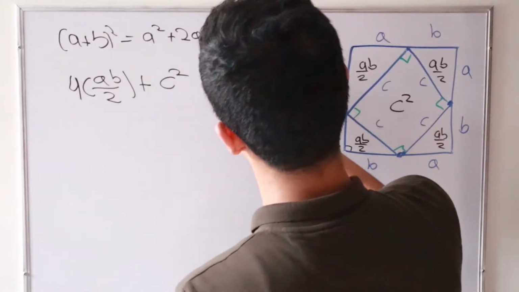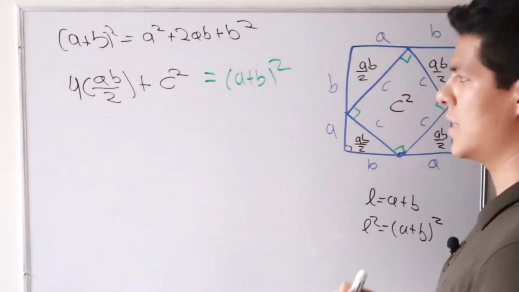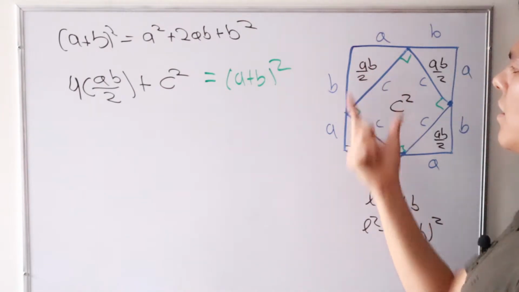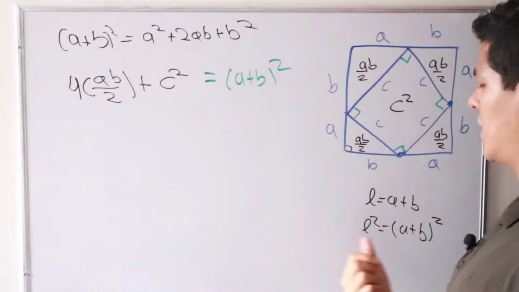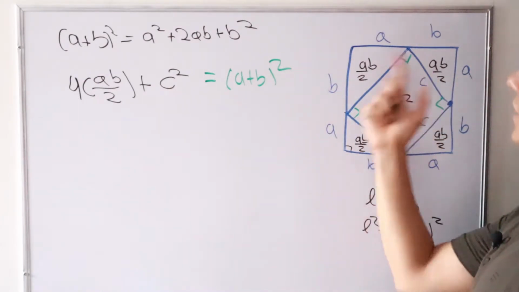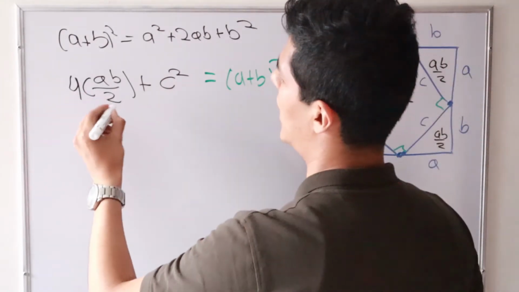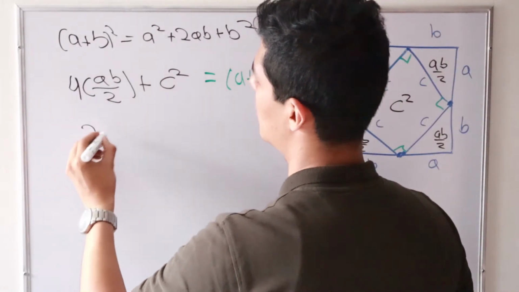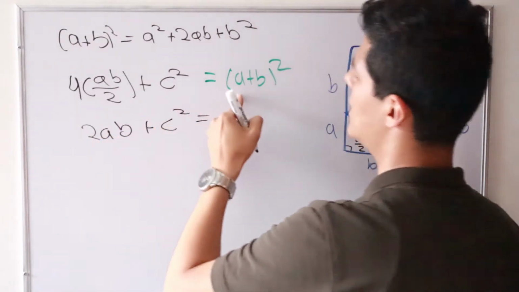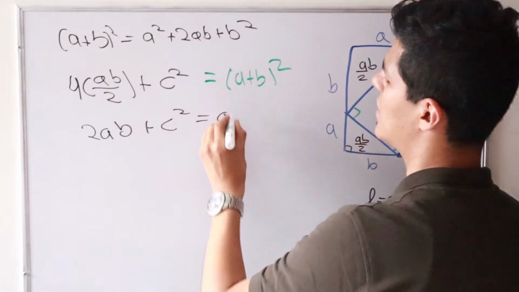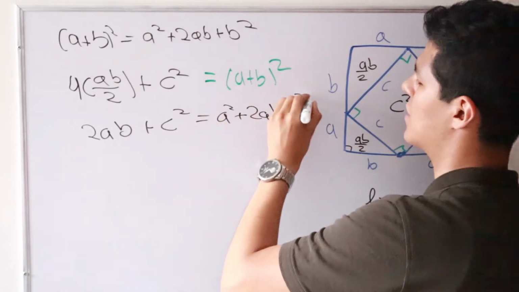This is equal to (a plus b) squared because it is the same area, given the formula for the length a plus b and also this construction. So we have that 4 divided by 2 equals 2, plus c squared, and this equals this, so it is a squared plus 2ab plus b squared.